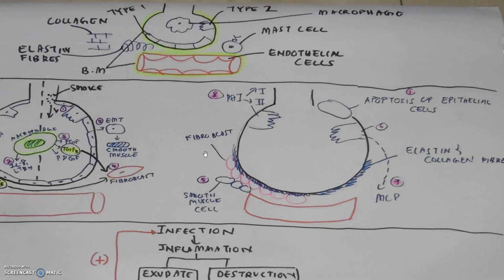And the last point, the eighth point, pneumocyte type 2 will also start to secrete another mediator known as plasminogen activator inhibitor, PAI, and they are going to release two types, type 1 as well as type 2. So what is their role in inflammation?